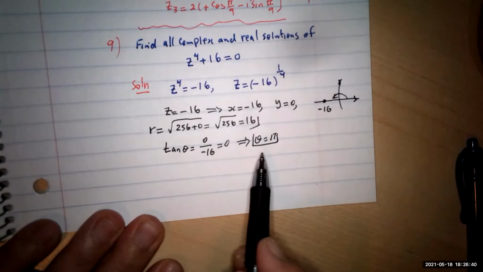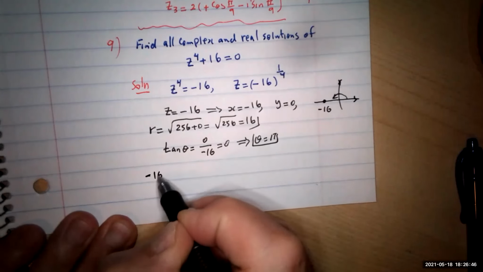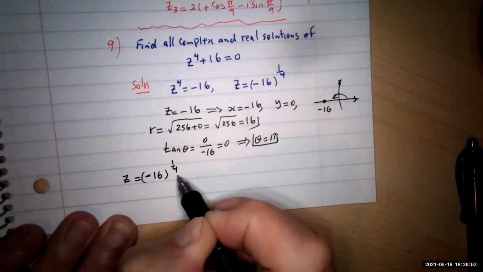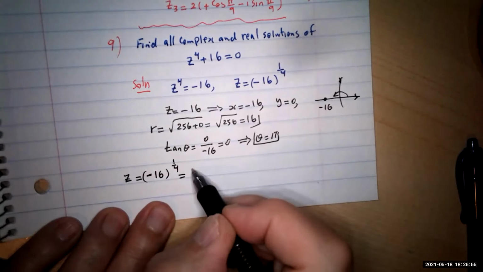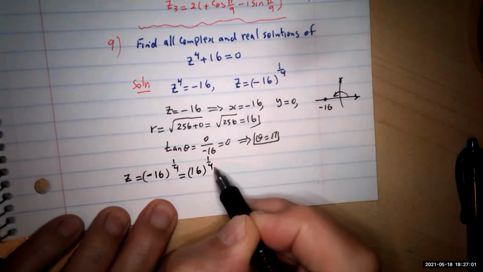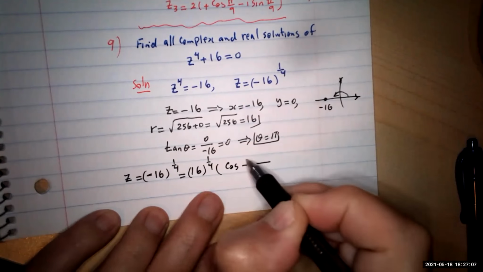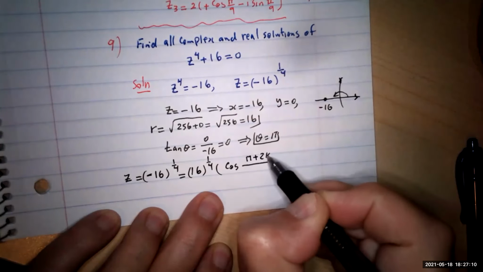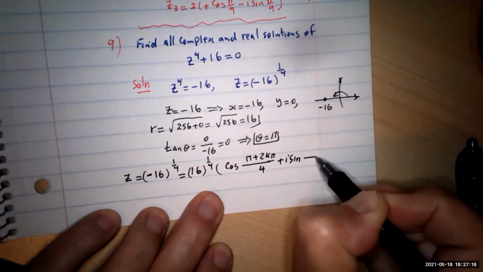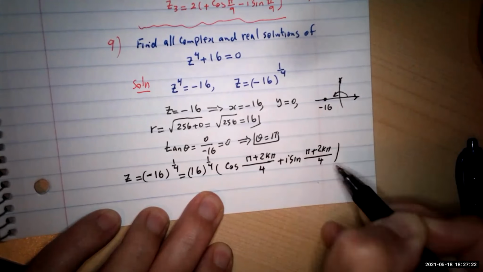So we got the r and the pi, and we need the fourth root. So there you are, z equal to negative 16 to the power of a quarter is going to be equal to r, which is 16 to a quarter, times cis of pi, which is cosine of pi plus 2k pi, since you want the fourth root, divided by 4, plus i sine of pi plus 2k pi divided by 4.